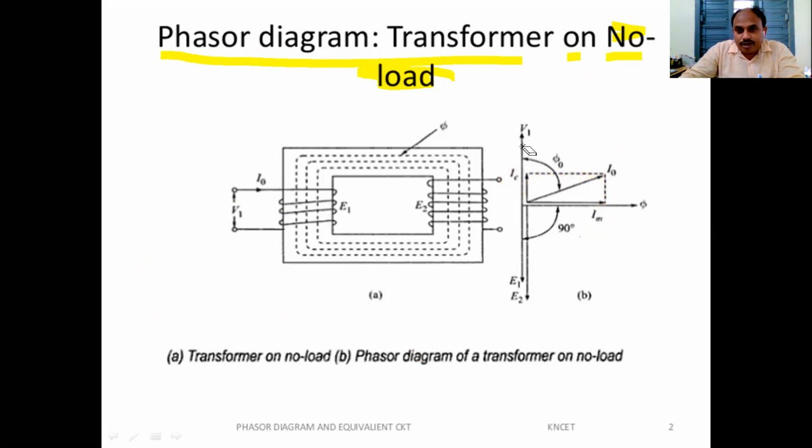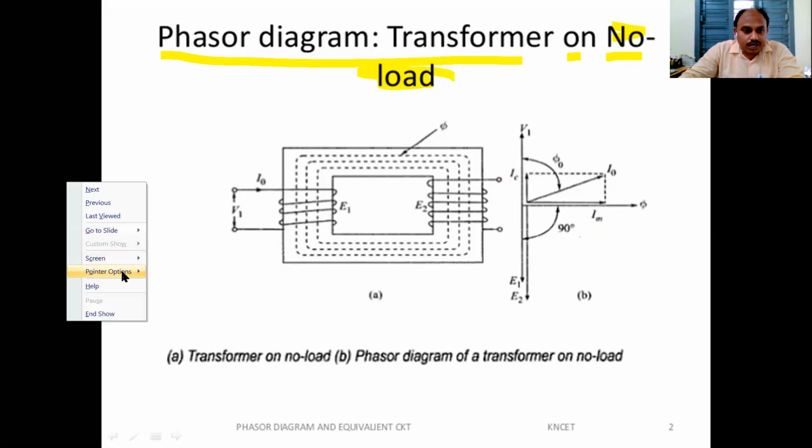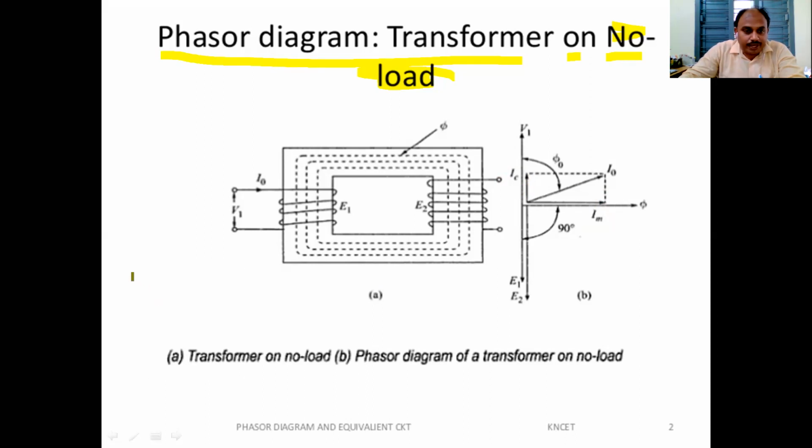The angle between I naught and V1 is represented with theta naught, the phase angle between the voltage and current. Therefore, the input power under no load condition is represented with P naught.